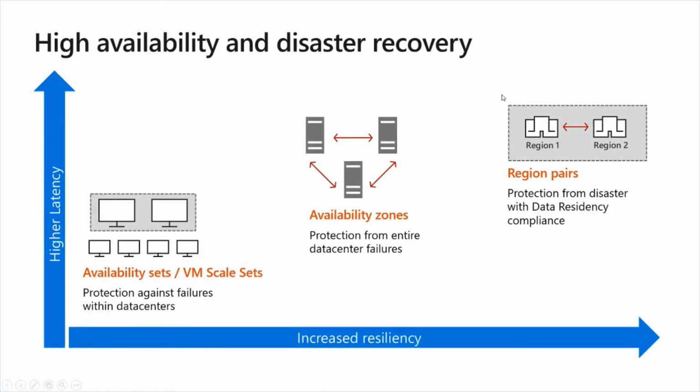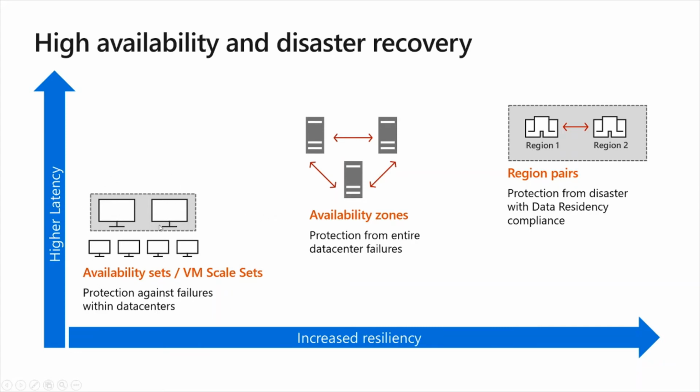In VM scale sets, you have different virtual machines that you can use. Once one of the VMs is not available, then you can use another one in the event of failure. But what happens if your whole zone, or data center, is in failure?